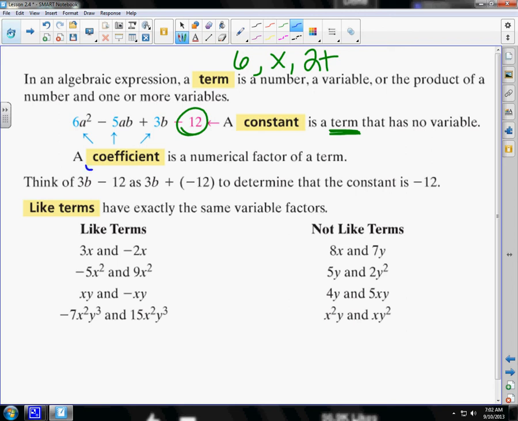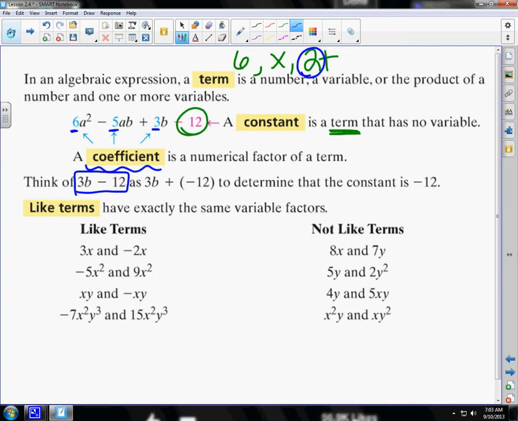So a coefficient is the number at the beginning of these terms. So like in 2t, 2 is the coefficient. Think of 3b minus 12 as 3b plus negative 12 to determine that the constant is negative 12.